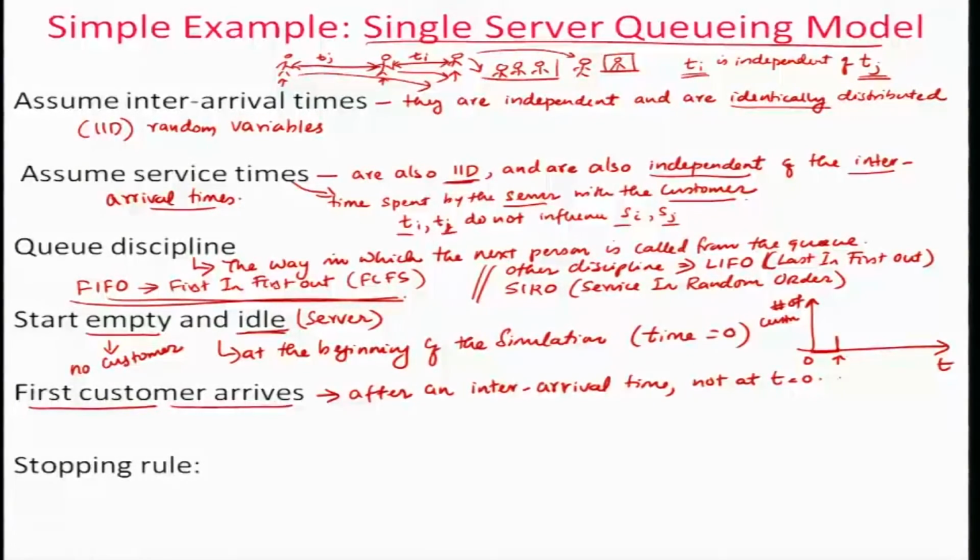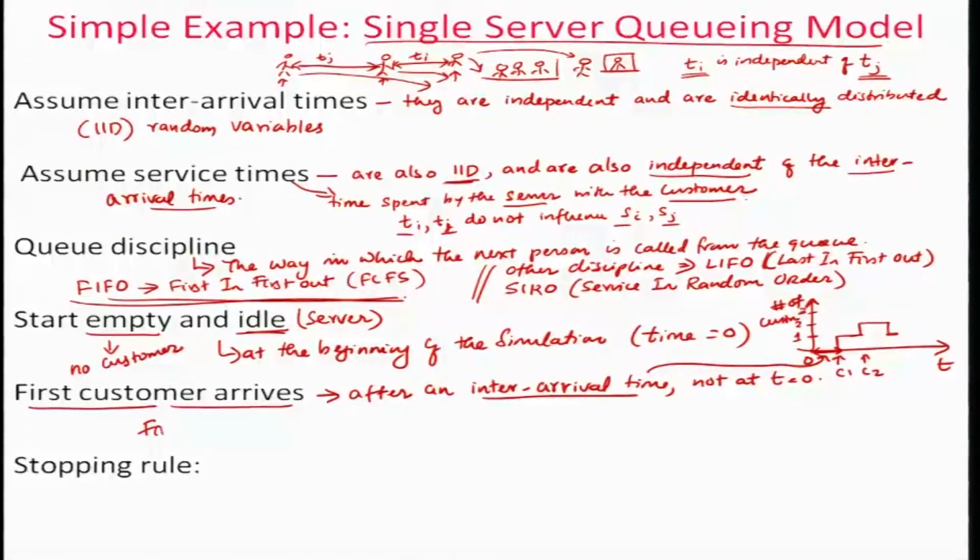This is where C1, the first customer, will arrive and the number of people will be 1, 2, 3 like this. This will continue at 1 until some point, and then maybe somebody else will come, then it becomes 2, and then when the first person's service is over, it comes back to 1, and like this. So this is C1 and this is where C2 will happen. This time is the inter-arrival time after t equal to 0. So the first customer will arrive after the beginning of the simulation.